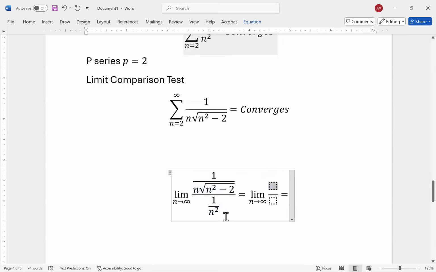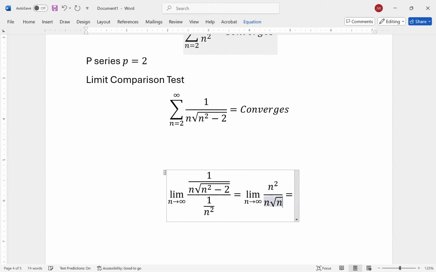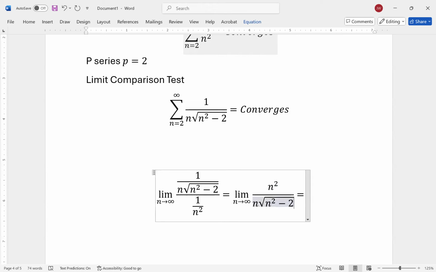When I multiply the numerator by n squared over 1, I get n squared over n times the square root of n squared minus 2. The limit of that as n goes to infinity, well, I can cancel out one copy of n on top with one copy of n on bottom. It's pretty easy to see that that's going to be 1.